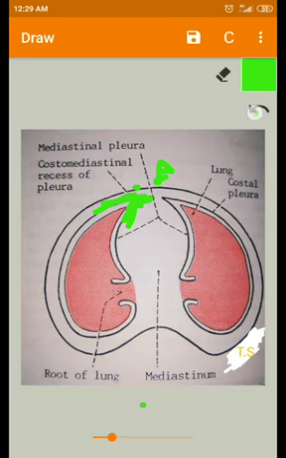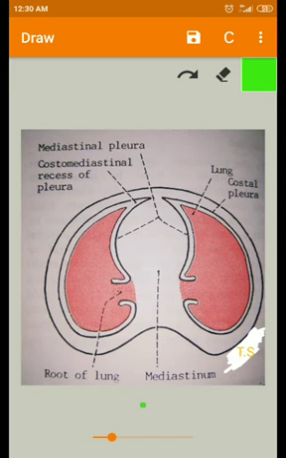On the left side, normally, we have seen some fissures, isn't it? There are two fissures on the right side dividing the right lung into three lobes, whereas the left has only one fissure dividing it into two lobes. That commonly occurs because of the presence of the cardiac notch on the left lung.